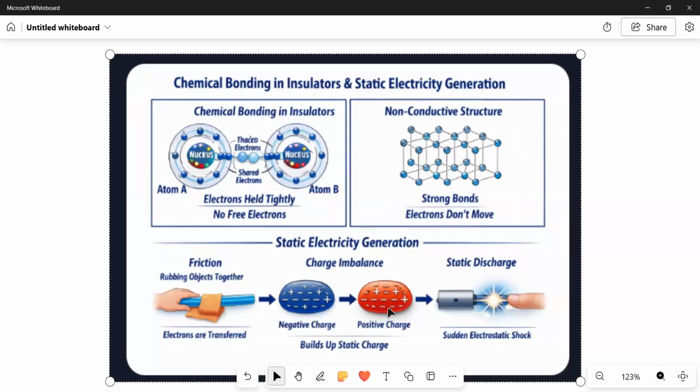Good. So ignore this part about static electricity. We just want to look on top here. What you find happening in insulating materials is that the electrons are strongly bonded to the nucleus.